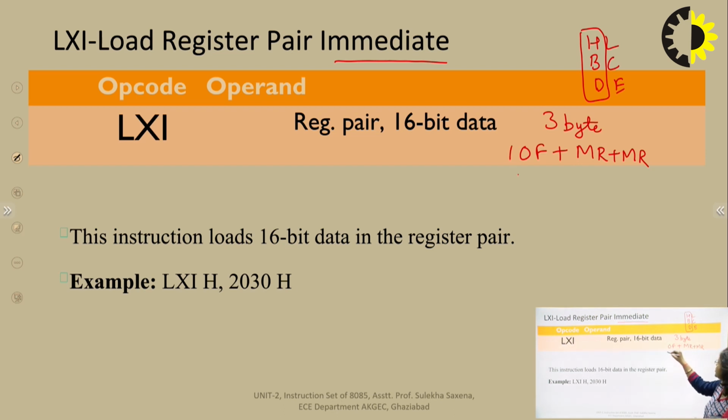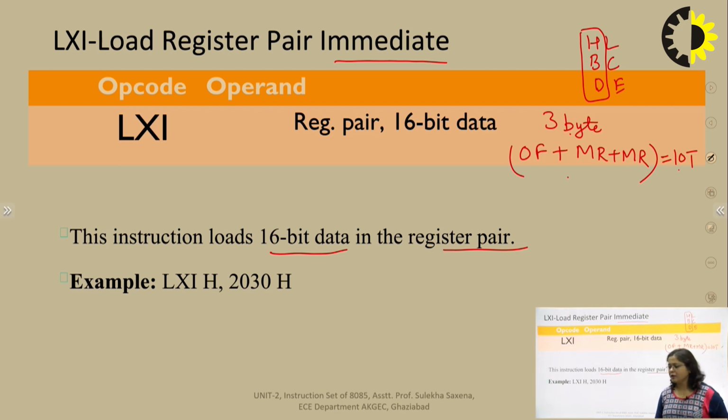No need to read anything else, so the total is 4, 3, 7, 3, 10 T states. So this is the size, T state, machine cycle and addressing mode. This instruction simply loads 16-bit data into the specified register pair. For example, LXI H, 2030. So 2030 will be copied to HL.